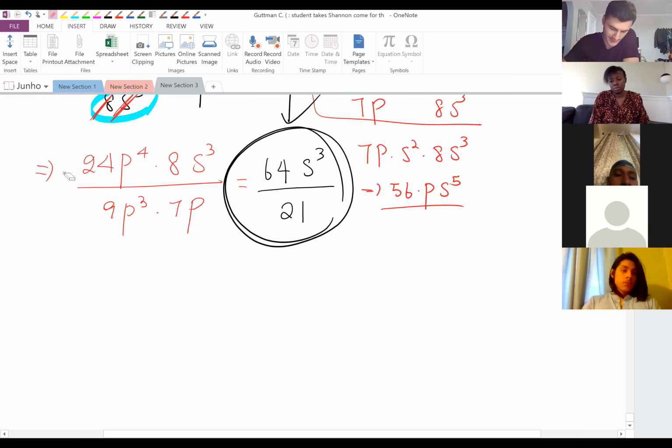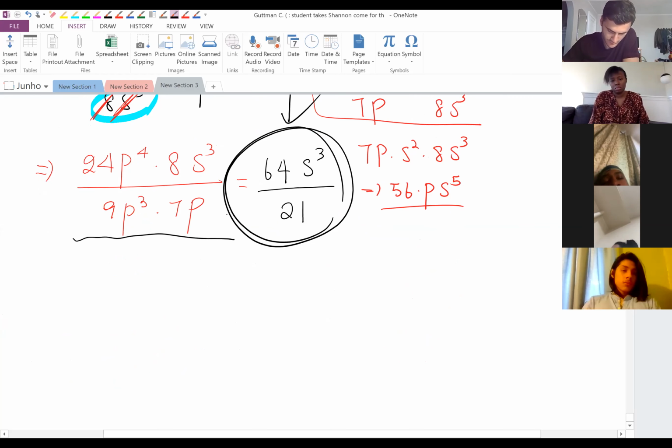Instead of multiplying 24 and 8, P4 and S cubed, and 9 and 7 and P cubed and P, I'm going to simplify from here between up and down. First of all, P4 and P cube, you can make P. And now P and P is gone because of the common factor between numerator and denominator.